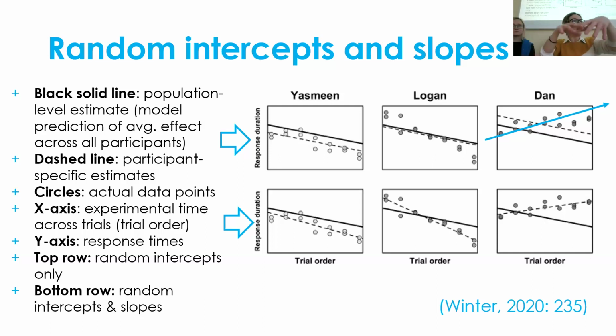I've used it to describe why random slopes are good, but I wouldn't want you to be misled into thinking that they are always a good thing and that we always need to fit them, right? There is something called a parsimonious model, which means try to fit the simplest model that is appropriate to the number of data points that you have, and be aware that if you have many conditions of interest, this exponentially increases the number of data points that you need, right?